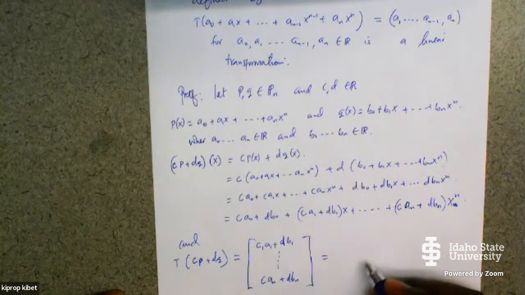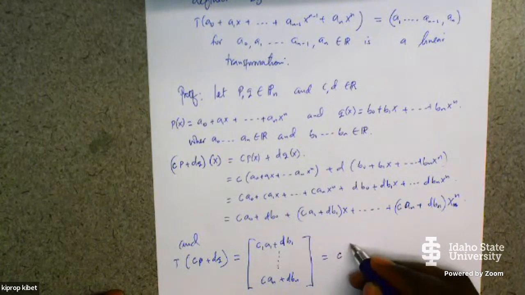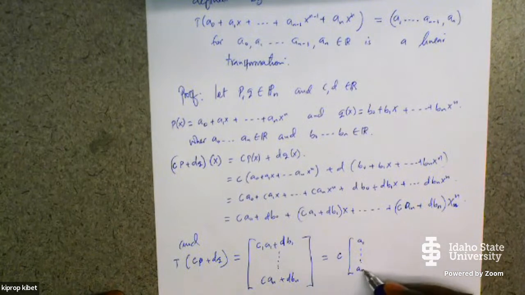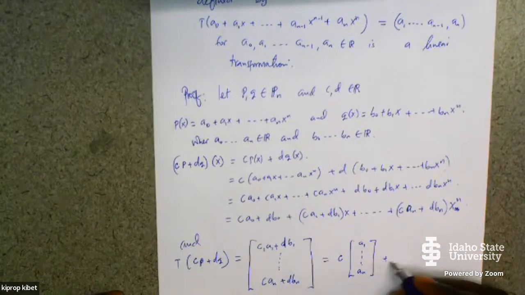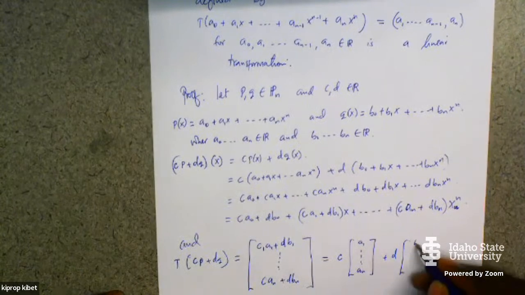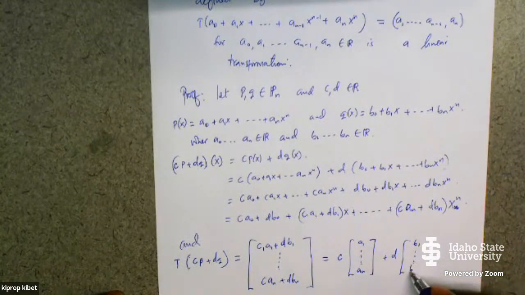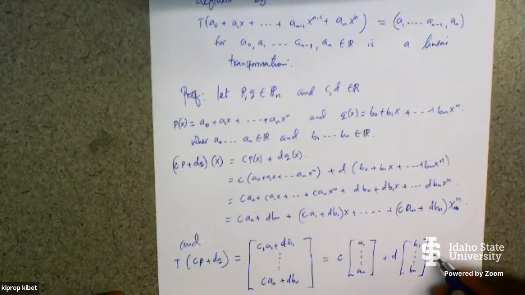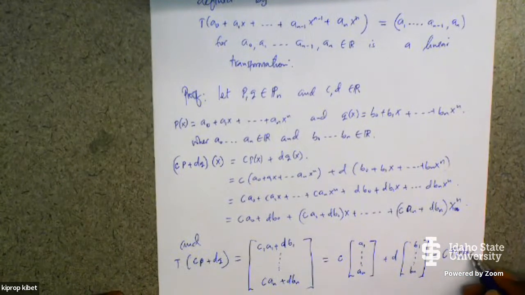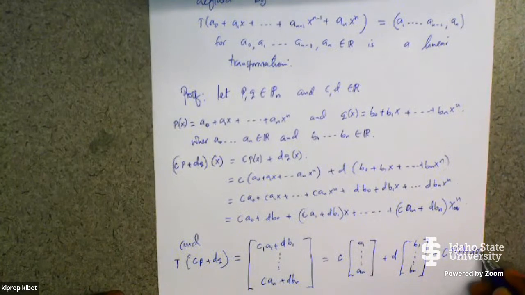This is basically the same as factoring out c, which is a1 all the way to a n, plus d, and then b1 all the way to b n. And this is the same as c T of P plus d T of Q.